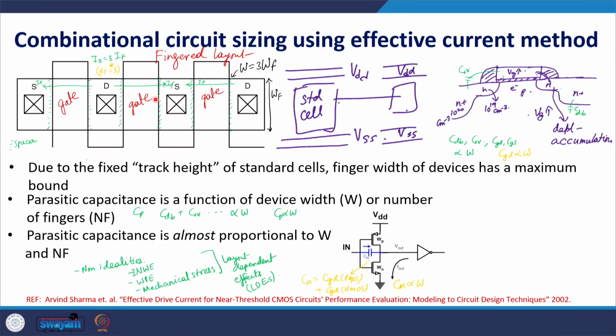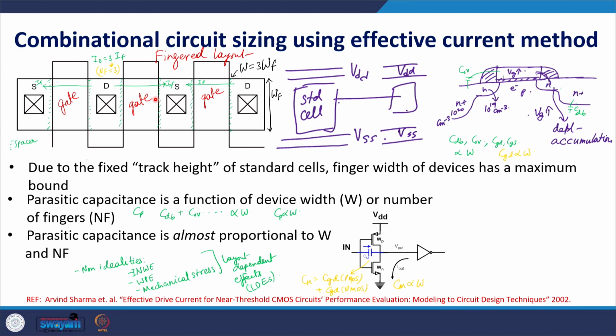So, in this lecture, we have discussed the inverter charging and discharging mechanism, and how the charging and discharging happens in the near threshold voltage regime. We have discussed the one-to-one correspondence between input and output when you maintain the fan out ratio of an inverter chain.